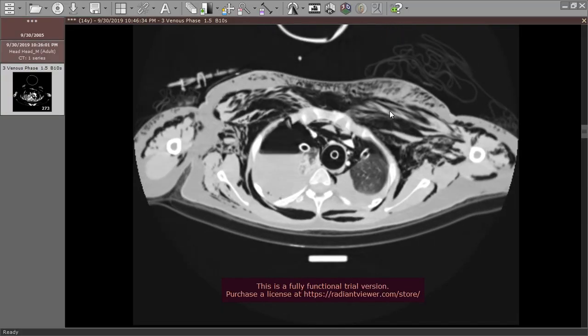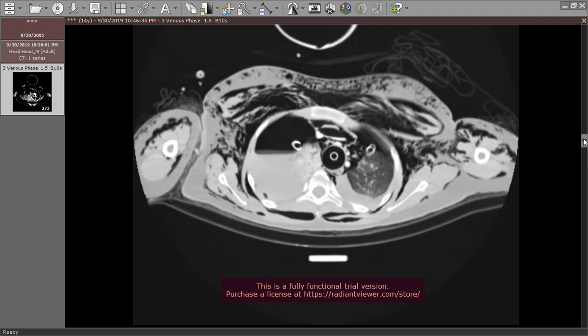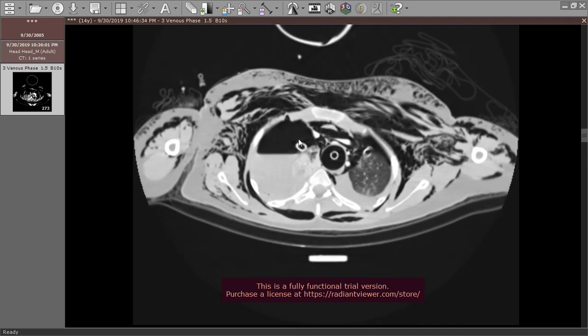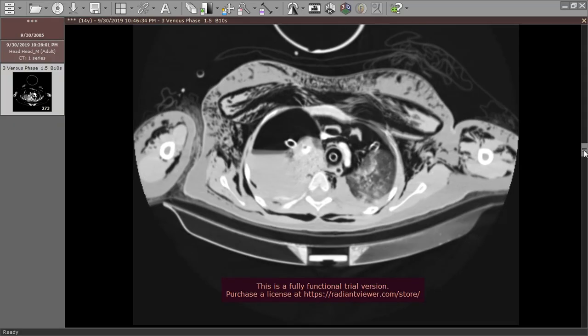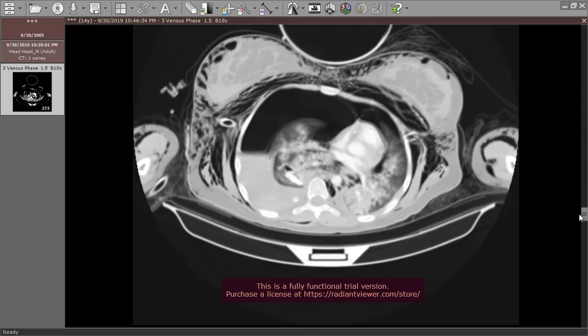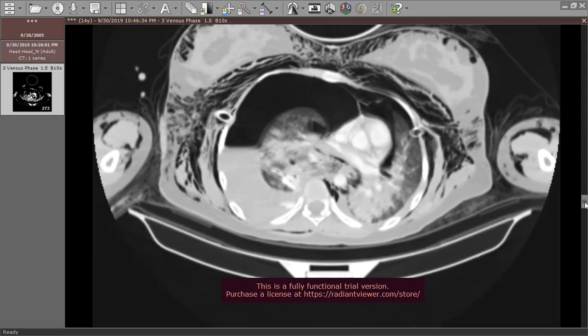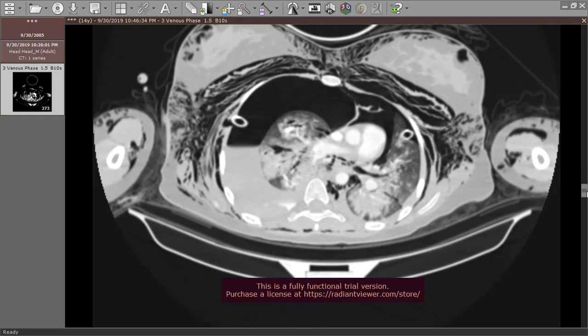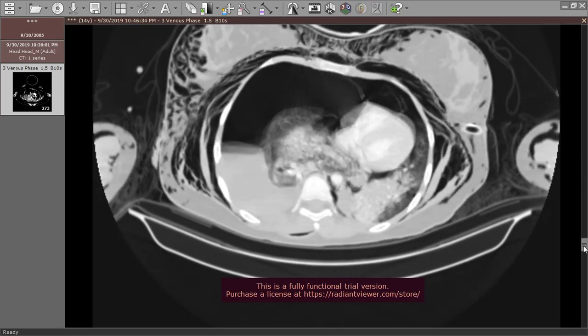Of course, massive surgical emphysema outside, pneumomediastinum, bilateral hemopneumothorax, bilateral pulmonary alveolar contusions up to alveolar hemorrhage, internal alveolar hemorrhage.